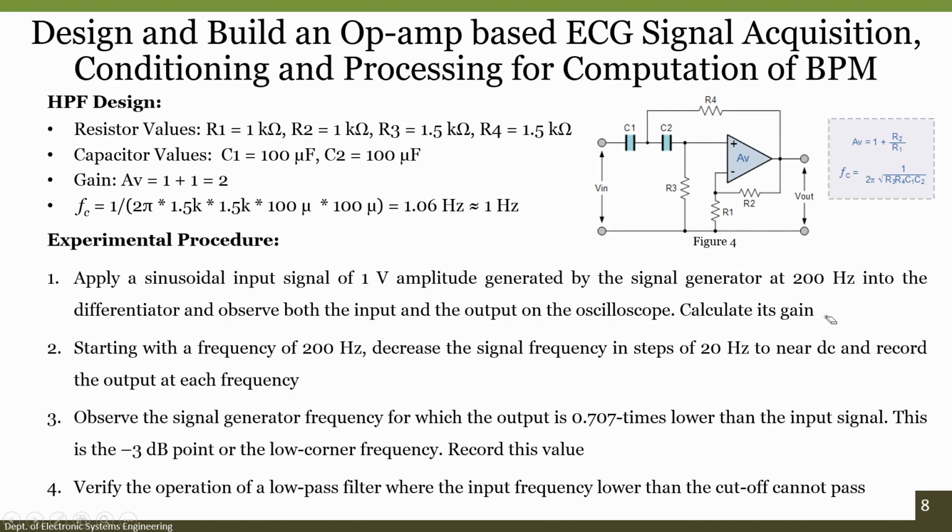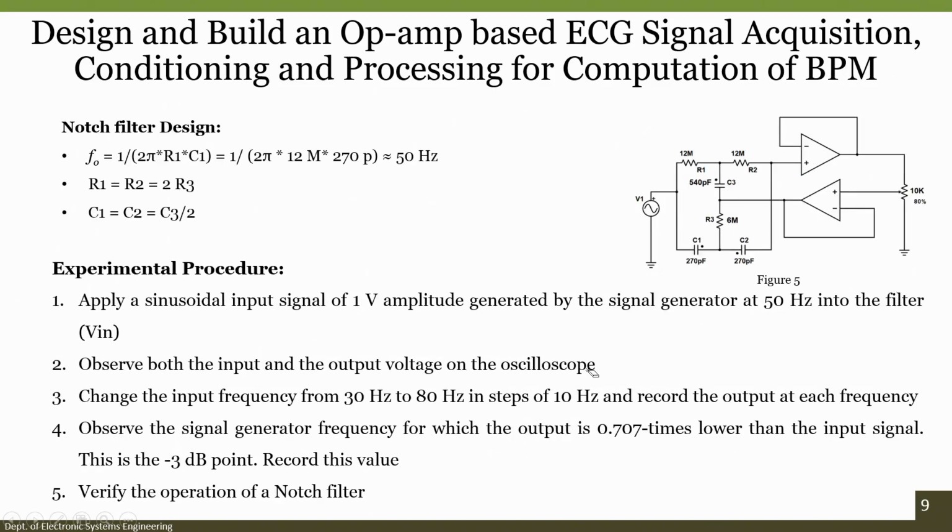Finally, we will observe the signal generator frequency for which the output is 0.707 times, or you can say the minus 3 dB point, or the low corner frequency, and we will verify the operation of a high pass filter, not low pass filter, where an input frequency lower than the cutoff frequency should not pass.